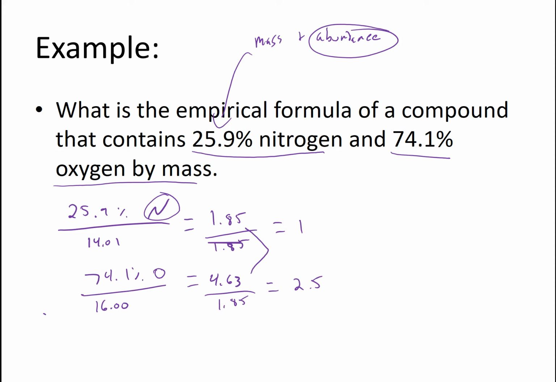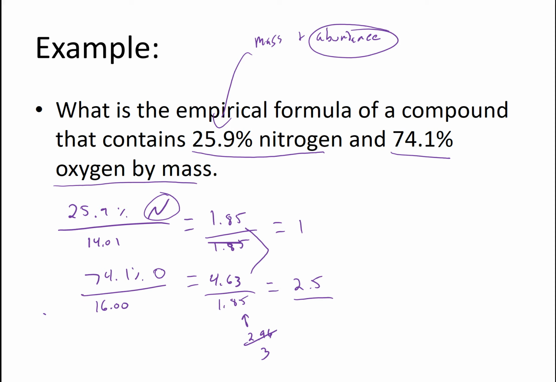Now, when we do this step, a couple things can happen. One of those things can be we get two numbers that are both whole numbers, or at least really close. So, for example, let's say this came out to 2.96, right? I would just make that 3. Okay, what happened here is this came out to 2.5. I can't round that much with this type of question.